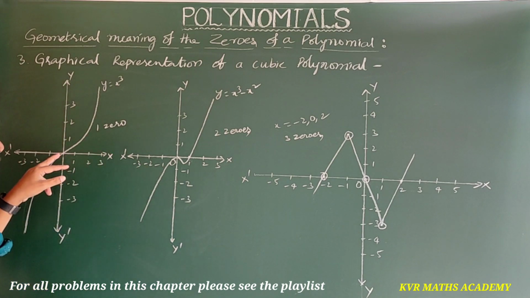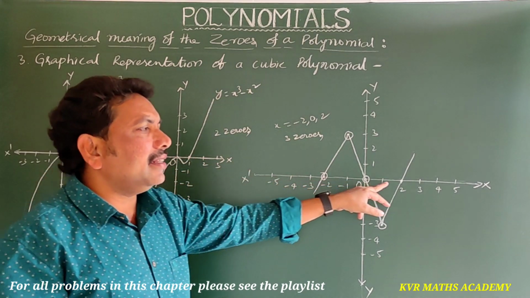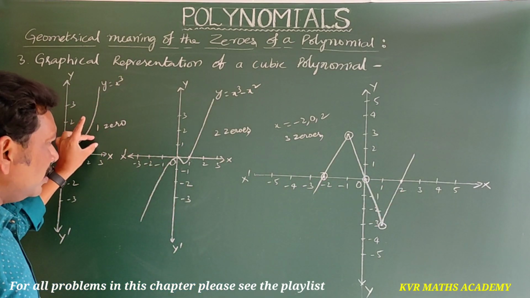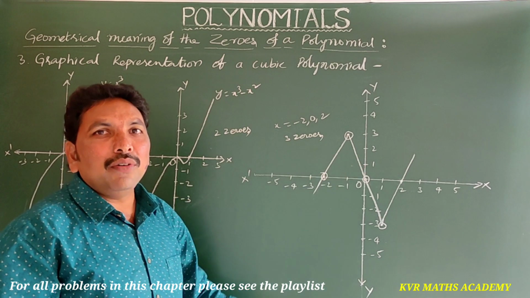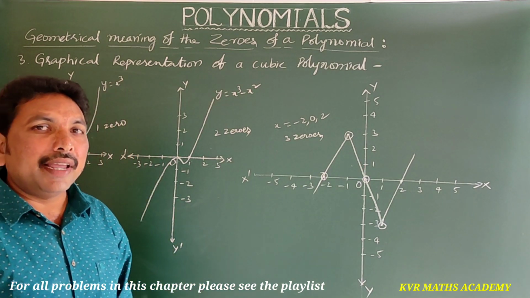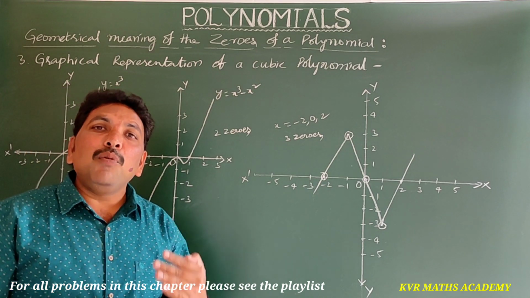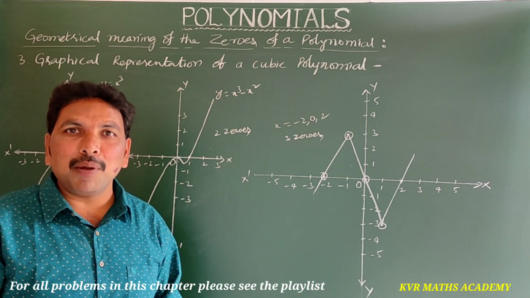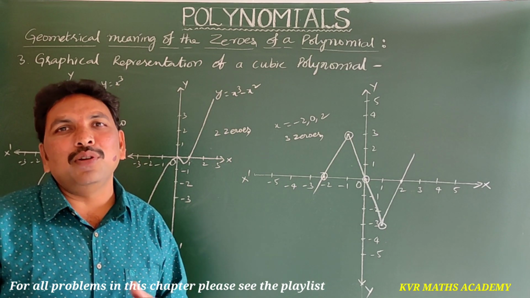Here it intersects at 1 point, it intersects at 2 points, it intersects at 3 points. So that's why it has 1 zero, it has 2 zeros, it has 3 zeros. So finally we can conclude that a cubic polynomial has at most 3 zeros or 3 solutions.